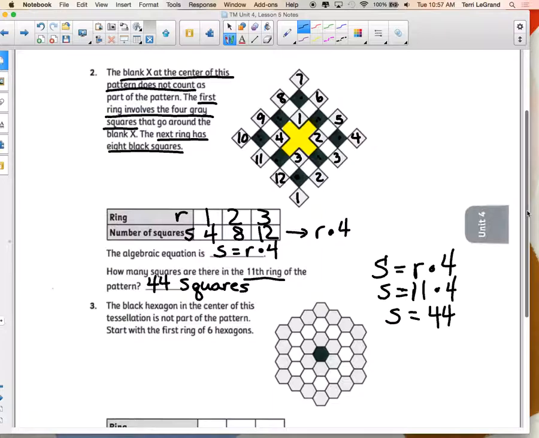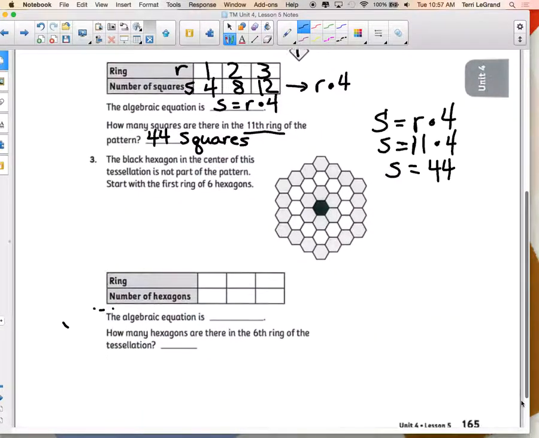Anybody have any questions about this one at all? Because I'm setting you totally loose on your own for the next one. You decide what would make sense to highlight. Don't color the whole picture, I'm gonna tell you that. Okay, so you do the hexagon one. Read the problem and complete it.